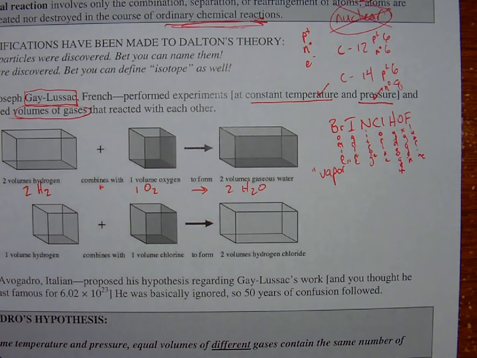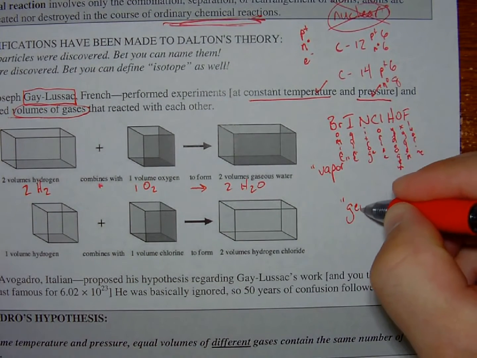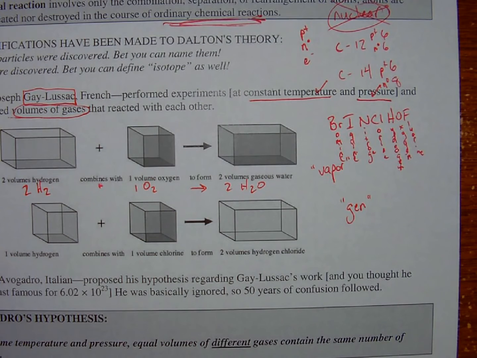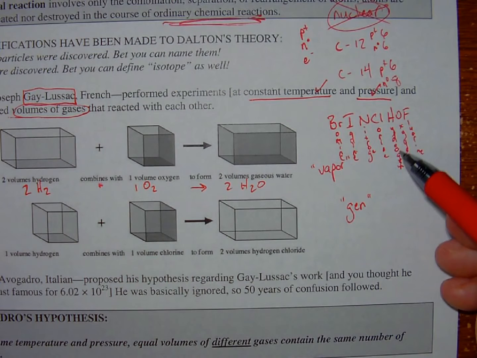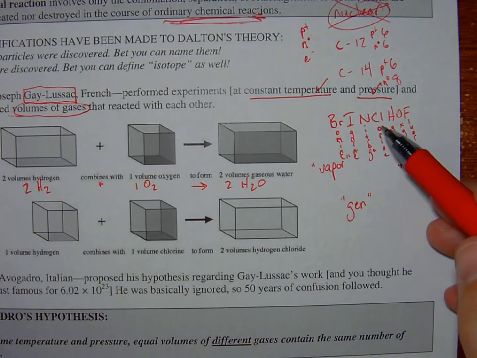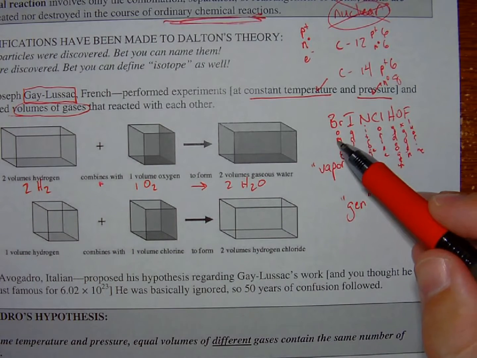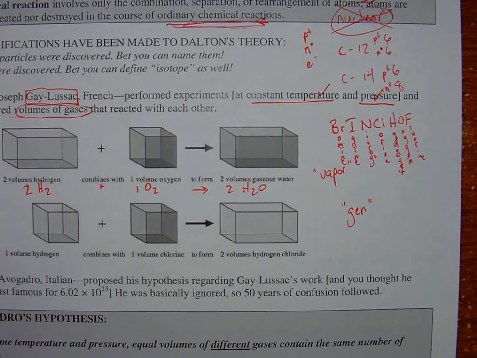Brinkelhoff. Or you can think of the gens. All of the gens are diatomic. So that would be nitrogen, hydrogen, oxygen. But you think, well, okay, that works for nitrogen, oxygen, and hydrogen, but what about bromine, iodine, chlorine, and fluorine?